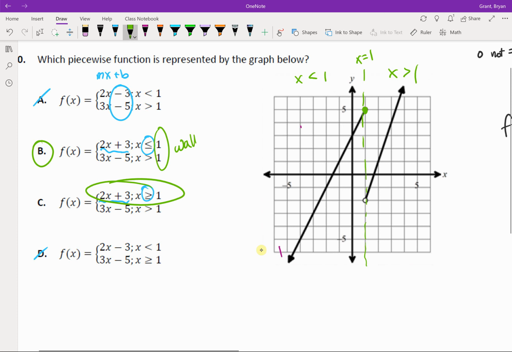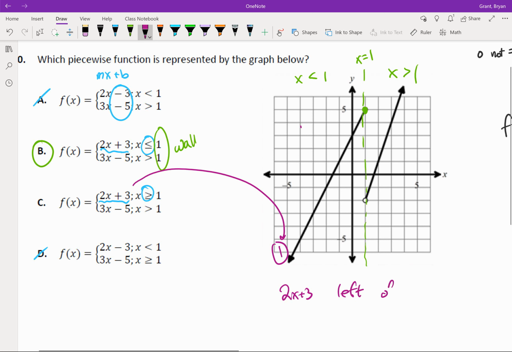And you'll notice on this equation over here, 2x plus 3, which we said was this line, let's keep my colors consistent, which we said was this line, is to the left of the wall, right? 2x plus 3 is to the left of my wall at x equals 1. To the left of the wall is going to be a less than sign, and so it has to be B.